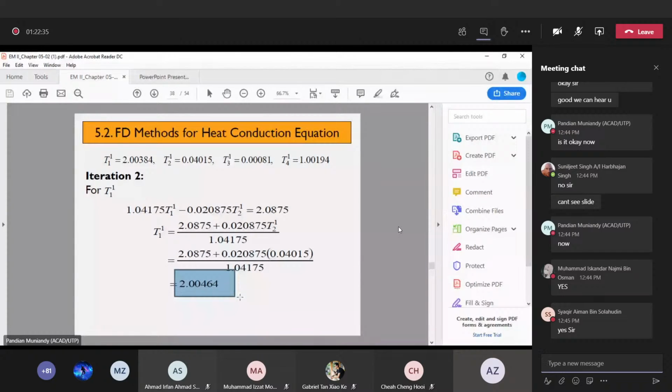Yeah, could you please verify this? Could you verify this, class, please? Yeah, anyone can verify?